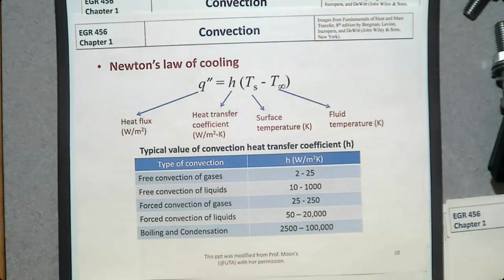And this h is the heat transfer coefficient, which is the key property that you need to determine by studying chapters 7, 8, and 9, multiplied by temperature difference. So that is the governing equation in convection heat transfer.